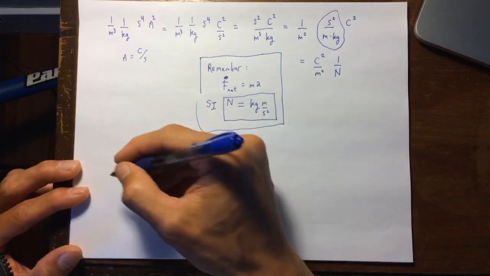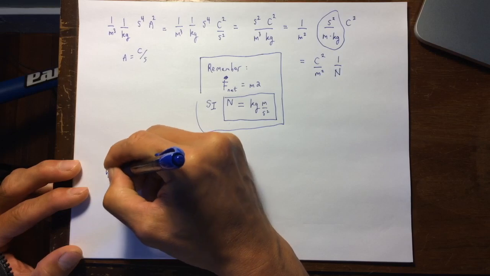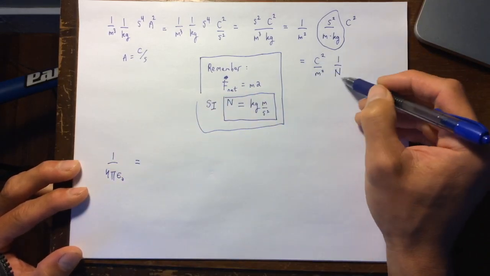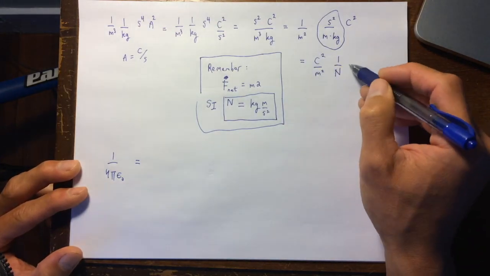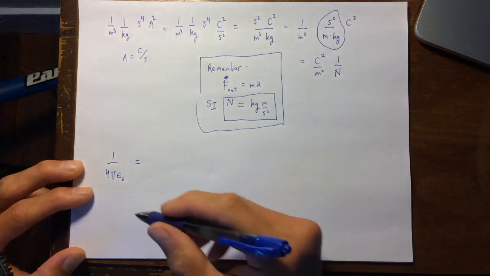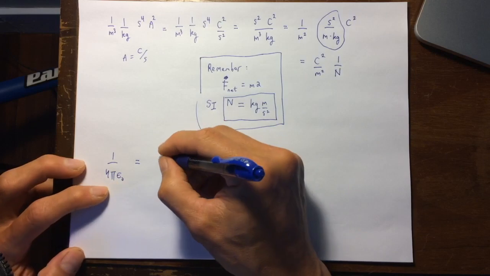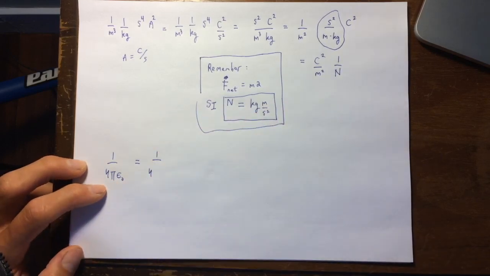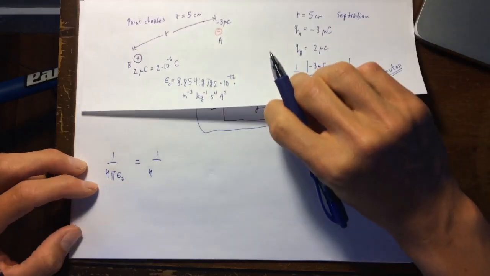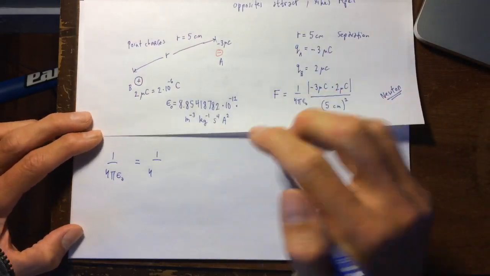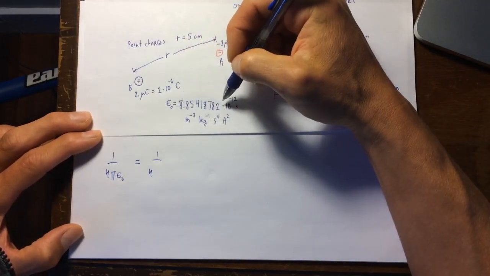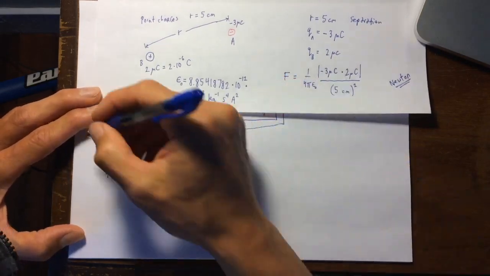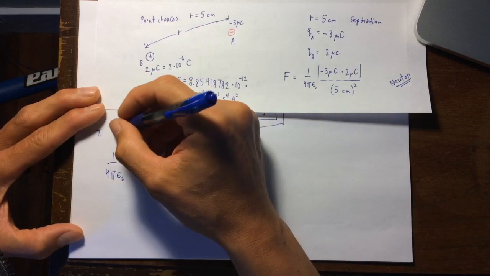So let's calculate 1 over 4 pi epsilon naught, knowing that epsilon naught's units can also be written in this interesting way. So here's epsilon naught. I've got 1 over 4, and I had 9 significant figures for epsilon naught. It turns out that pi has a lot of significant figures too.